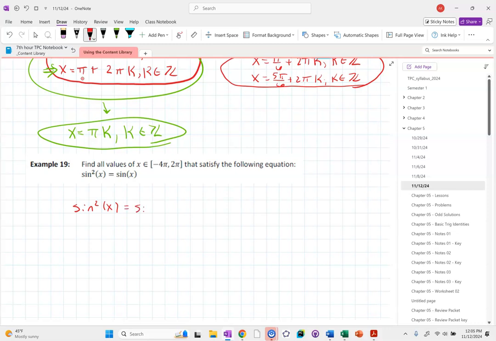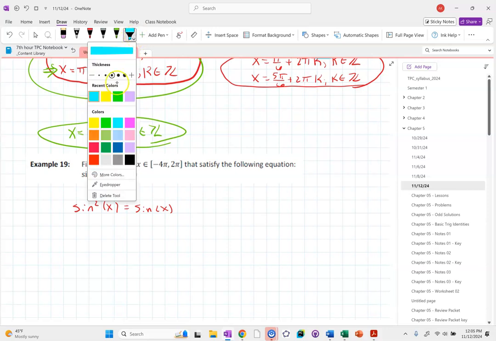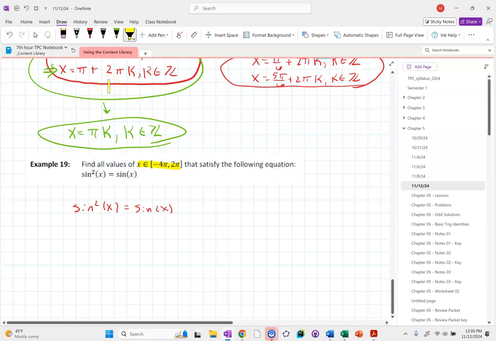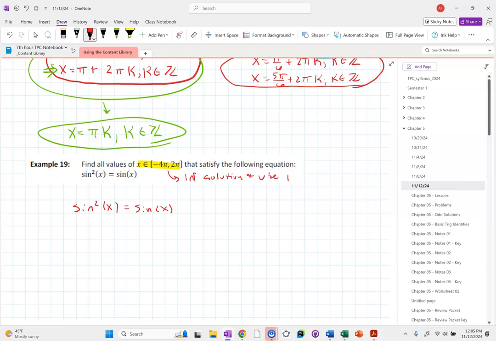So let's just stop for a moment and talk about what I'm seeing and what it means to me. So this tells me I'm going to write the infinite solution and then use k's, input values for k to keep generating solutions until I've exhausted all the possibilities.